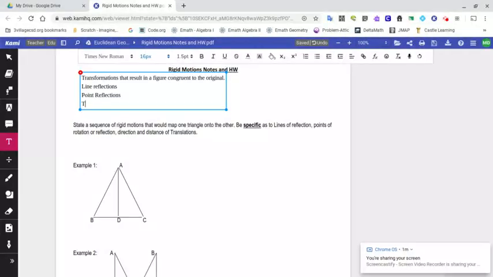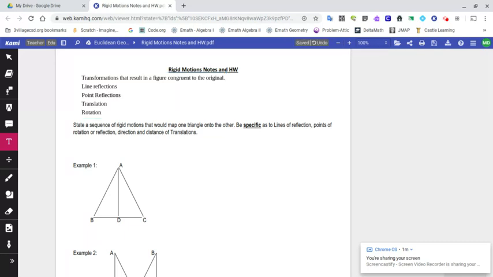Translation. We can even say rotation. Rotations. So all of these are transformations that would result in a figure congruent to the original.